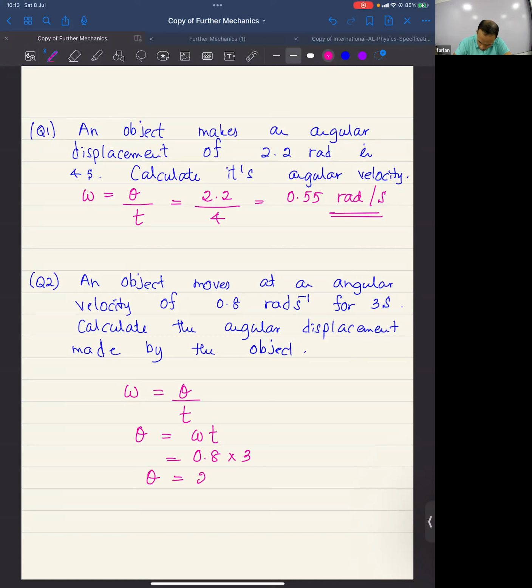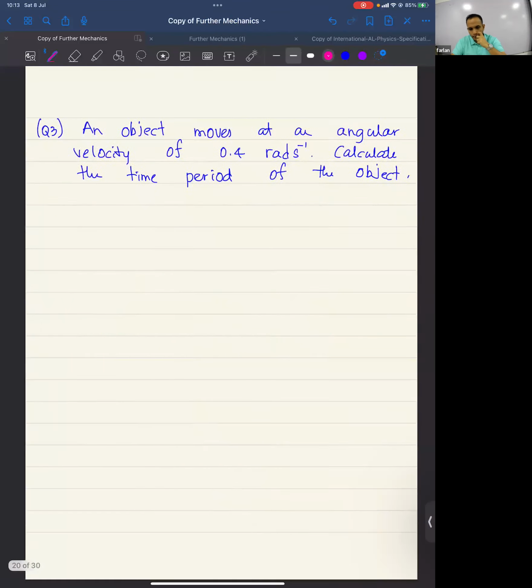So theta equals 2.4 radians. Okay. Right, on to the next one.